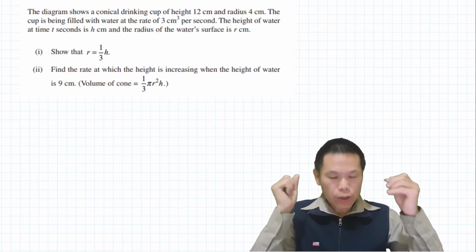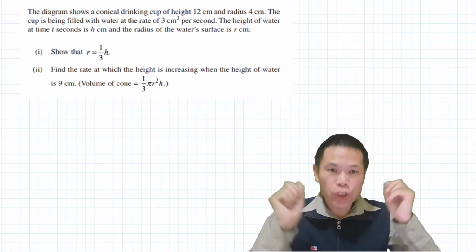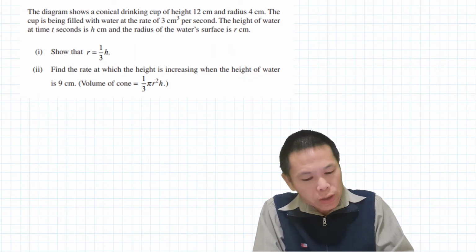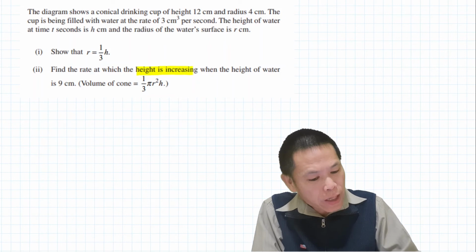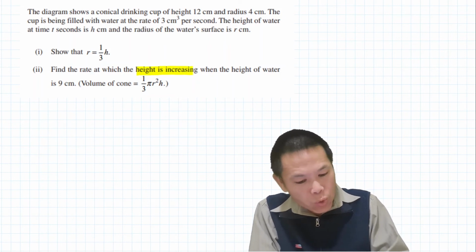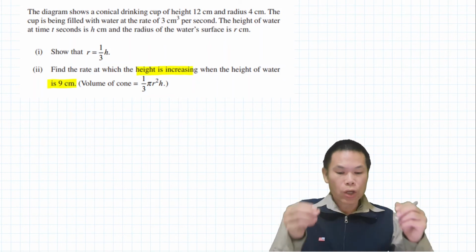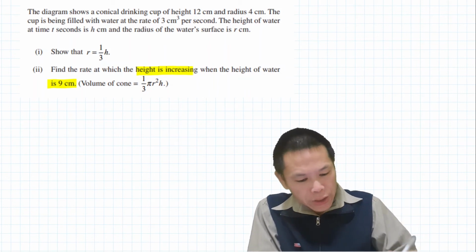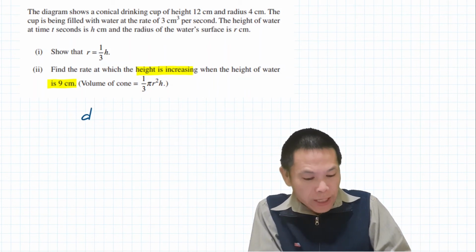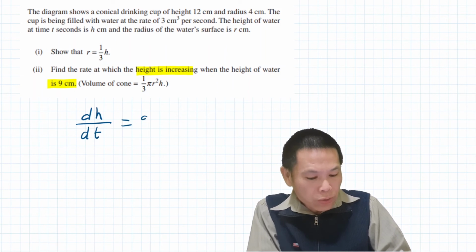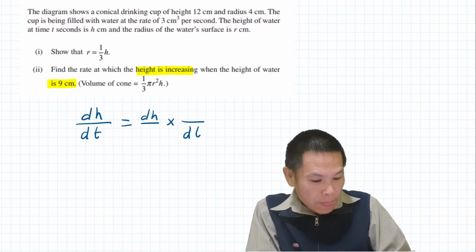Part ii. We need to find dh/dt because we need to find the rate at which the height is increasing when the height of the water is 9 centimeters. Let me write this down. dh/dt is equal to dh/dV times dV/dt.